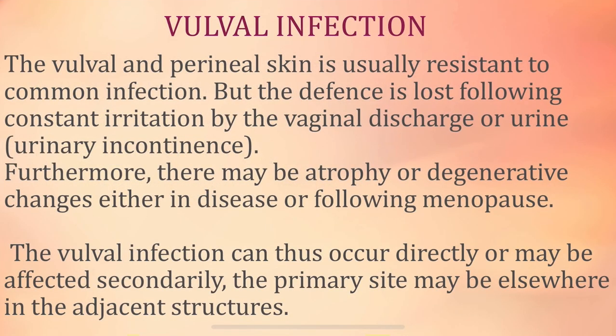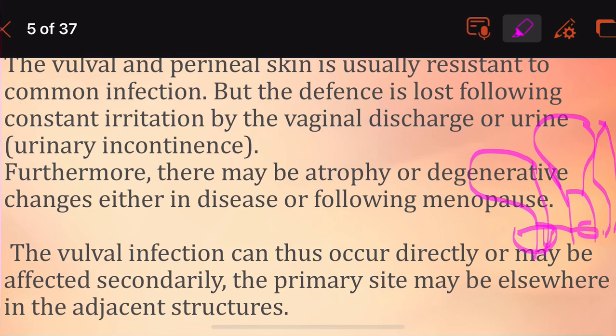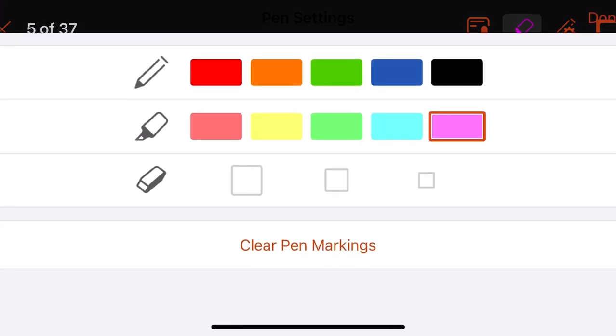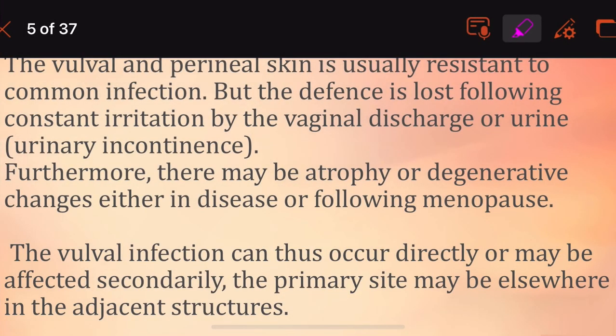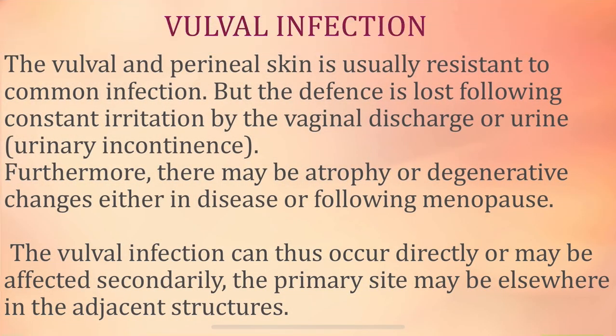Here we have the uterus, the cervix, the vagina, and the vulva. We have the urinary bladder and the urethra in the front, which could be adjacent structures. Behind we have the rectum and the anal canal, anus. So it could be infection of any of these adjacent structures, and this can result in secondary vulval infection. Hope it is clear.